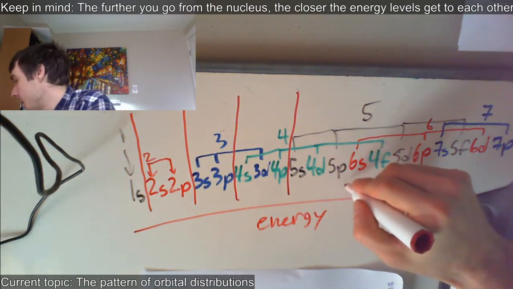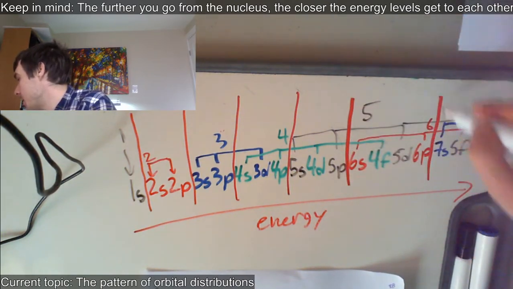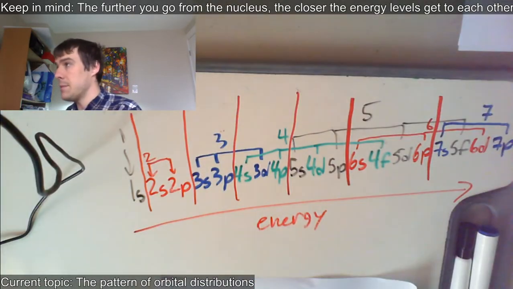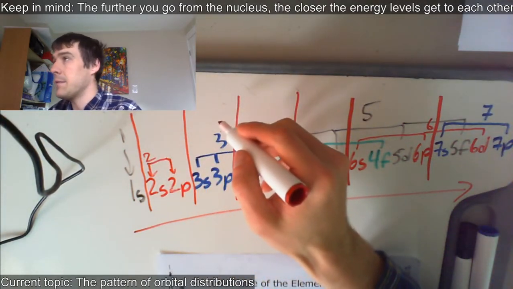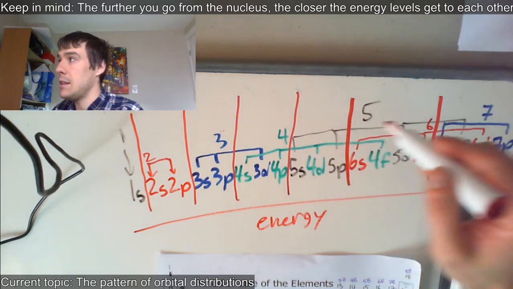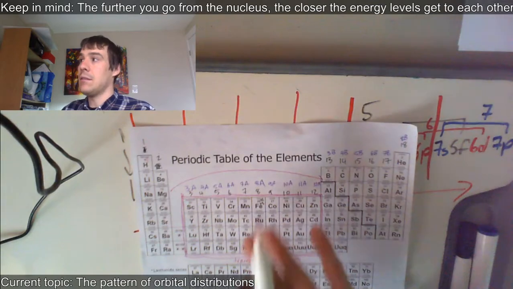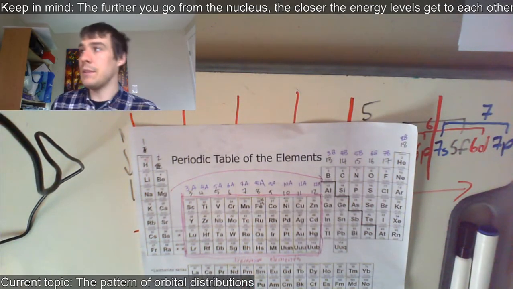So every time you get to a new s orbital, you start a new period of the table. That's why this only has a possibility for 2, this has a possibility for 8, this has 8, that has 18, 18, 32, and 32. This is where that comes from, which is always really interesting.